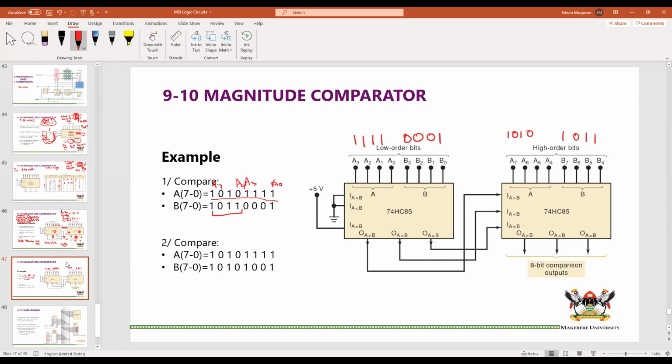Okay. Now we said we start with IC2, and so you can clearly see that this will determine that B is greater than A. So that means you're going to have a 1 and a 0 and a 0. That is irrespective of what is coming from that side.